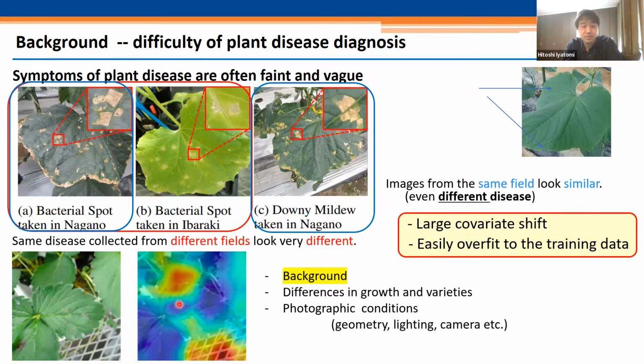The model does not focus on the leaf region, where the symptom is; rather, the model focuses on the background. The background usually has a much larger area than the symptom, so the model can overfit to those unimportant regions. That is a problem.